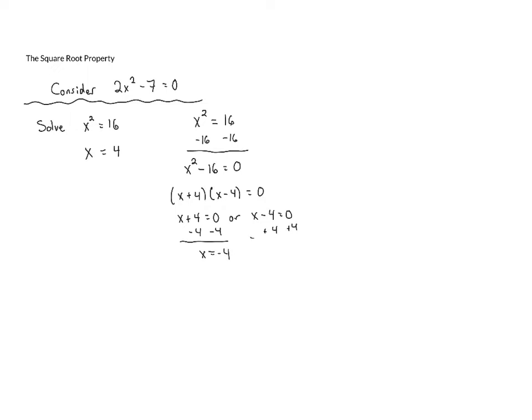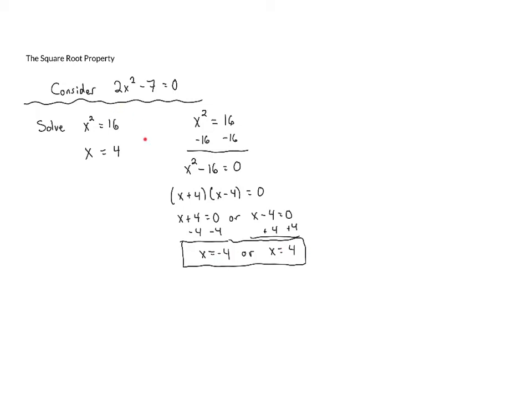And in the second one, we end up with x equals positive 4. So we know that in actuality, there are two solutions, x equals negative 4 or x equals positive 4. But if we look at this method that a student tried to use before, they only got one of the solutions. They got positive 4, but they didn't get negative 4.